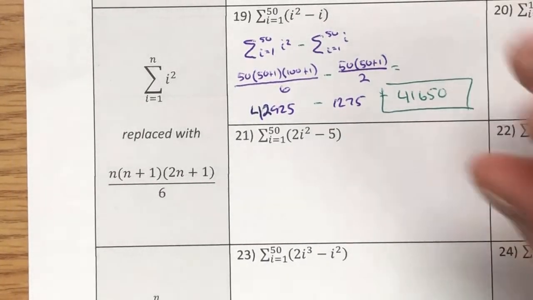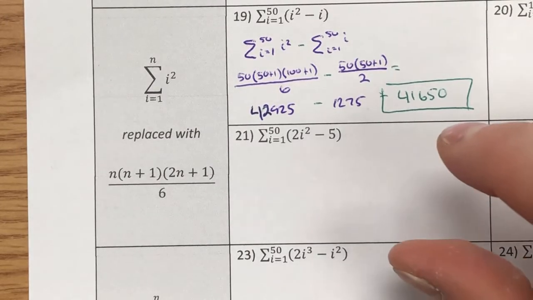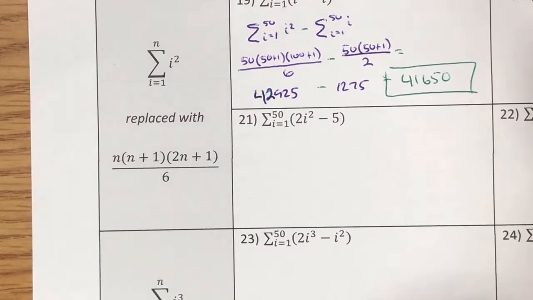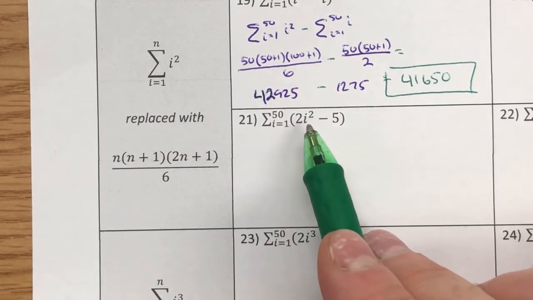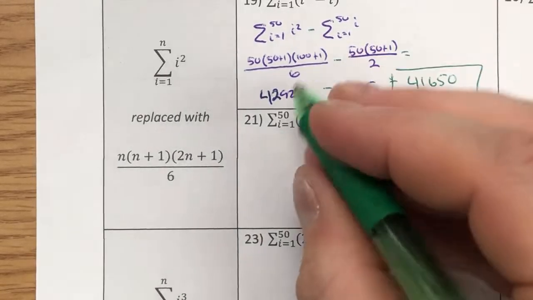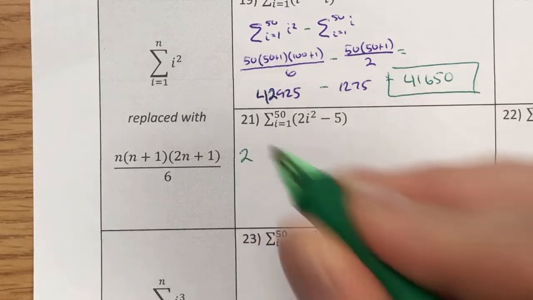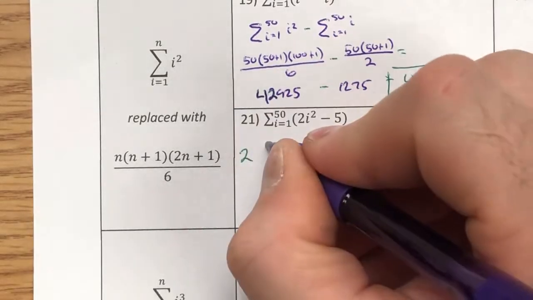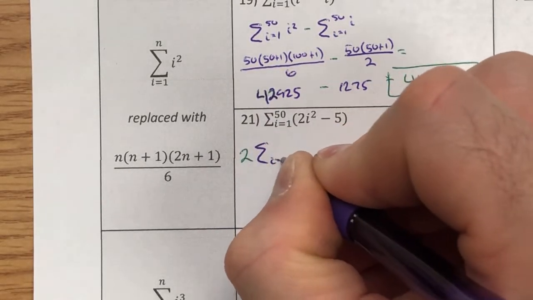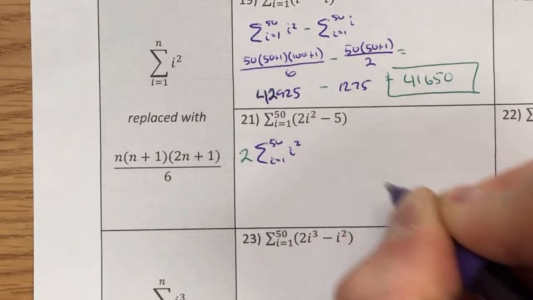And so again, now that you've seen one of these in action, pause the video on number 21, try it out, unpause it when you're done, and see how well you did. Okay? So what we see is that we're going to split this and move that coefficient out front. So I'm going to go ahead and immediately pull that 2 out front. And I know this is going to be the sum of 1 to 50 of i squared.